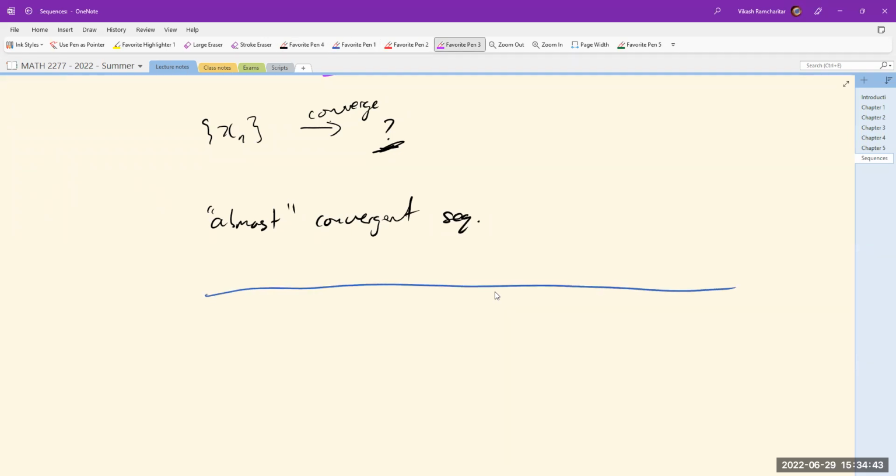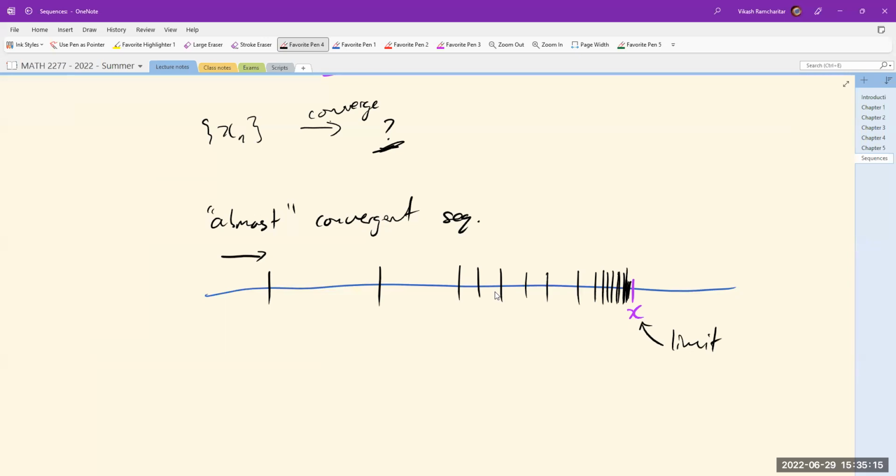So let's talk about what a convergent sequence is. So here's the limit of this sequence, x. What a convergent sequence is, think of it like you're marching out. And these are the terms in my sequence. And as we march further out, these terms are getting closer and closer to this guy, which is the limit.